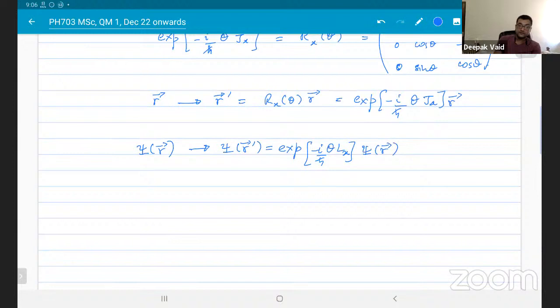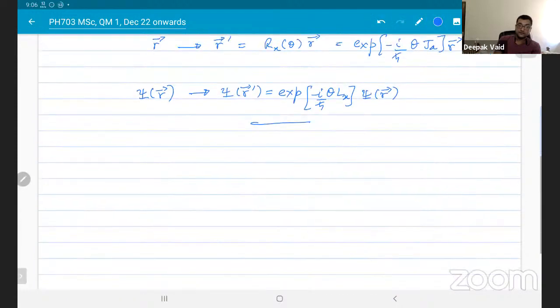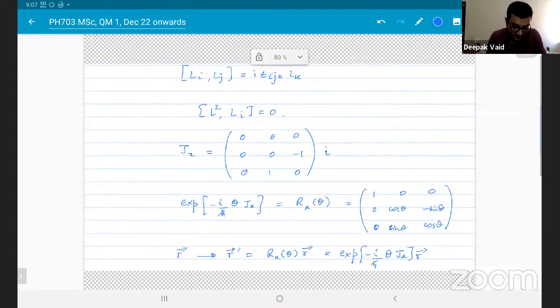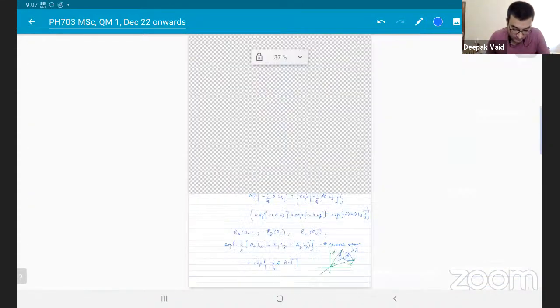Right now for understanding more of this rotation group, if you can understand what I have explained today in class, I think that is probably good enough.